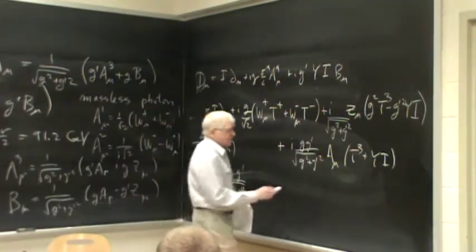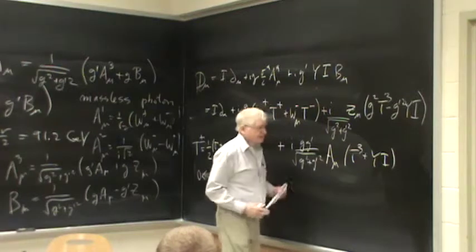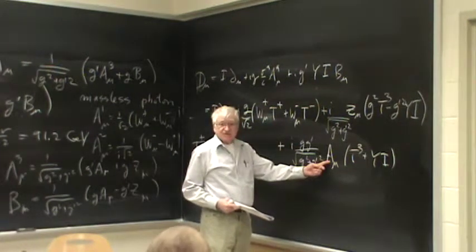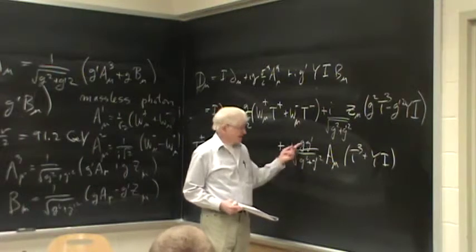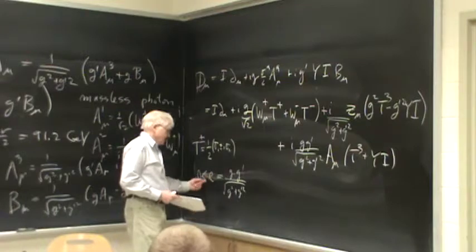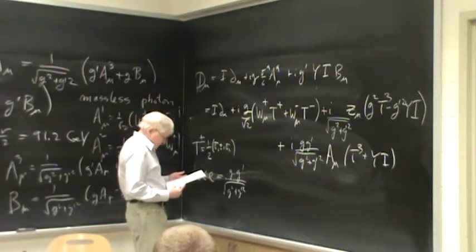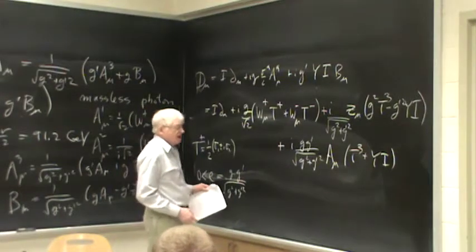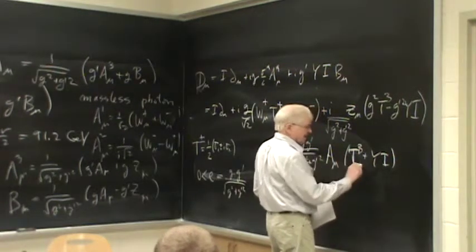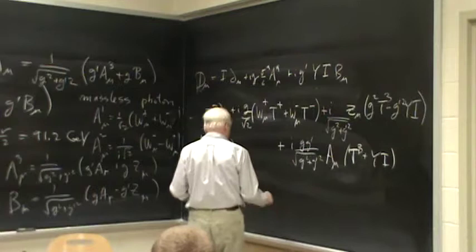And why is that? Well, that's because the gauge field, the photon, is coupled to that. So this is the strength of that charge. On the other hand, this thing here is a matrix, and we're going to call that the charge matrix.